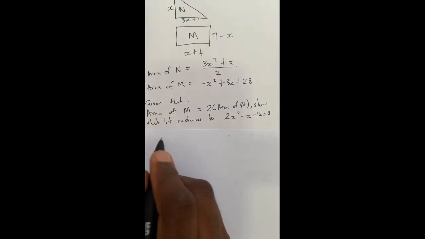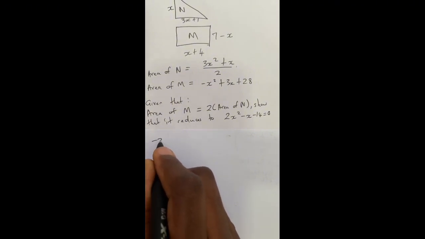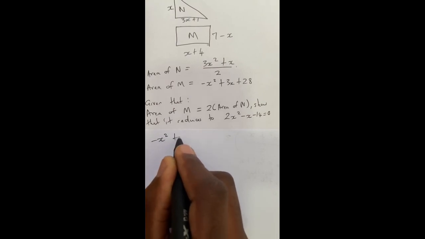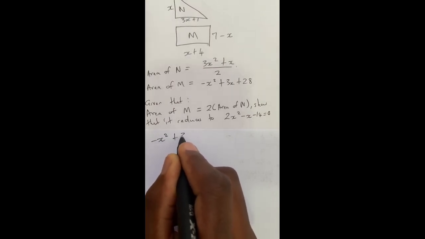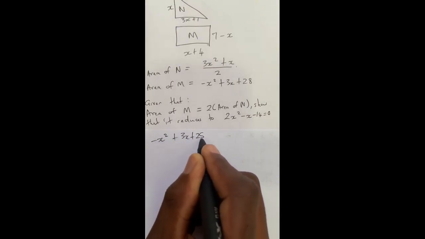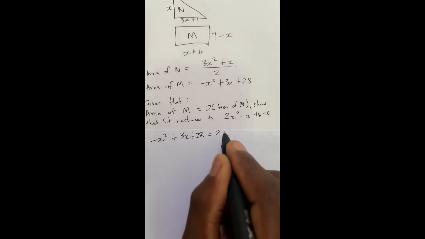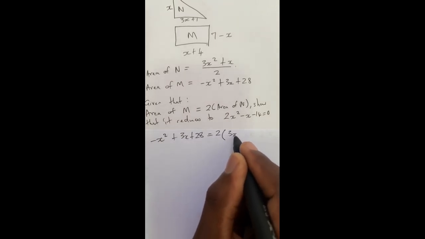In the next part, we are given that the area of N is equal to 3x squared plus x over 2, and we already calculated the other area. So given that the area of M is 2 times the area of N, show that it reduces to 2x squared minus x minus 14.